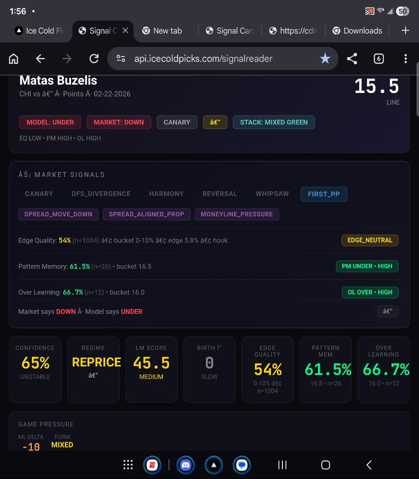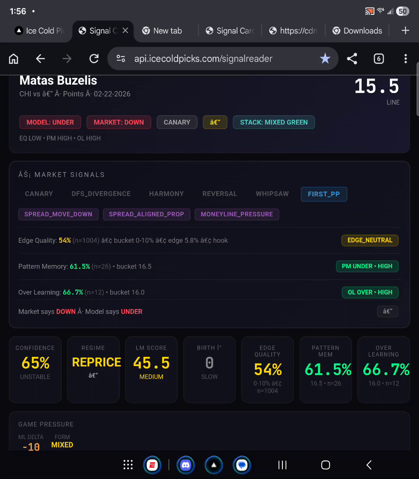And just to clarify the terms, because I know a lot of you won't actually get what these terms mean, the best way I can describe it is edge quality is, okay, if the market direction is under, how has the market moved to support this direction? That's going to be edge quality. That's the environment. Now you have pattern memory, which is going to tell you, how does this player usually perform at this line?